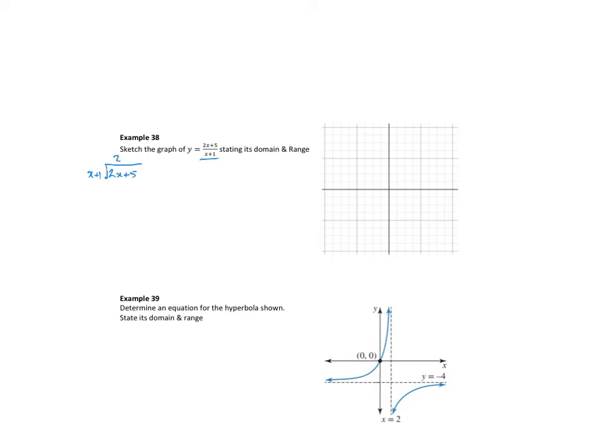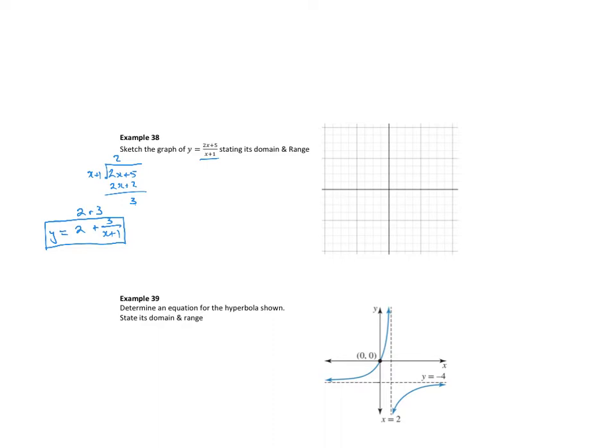So 2 times x plus 1 is 2x plus 2, subtract, I get 5 minus 2, which is 3 remainder. So I get 2 remainder 3, which is the same as saying 2 plus 3 over x plus 1. So in actual fact, that's another form of the same function. So that's really the key kind of division that we have.